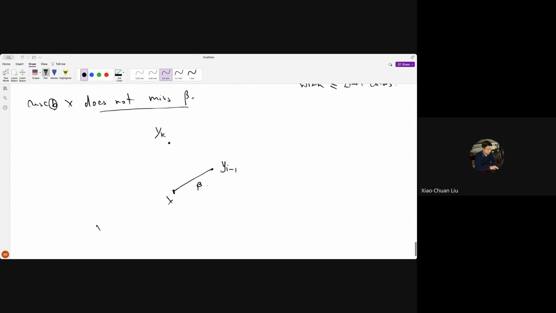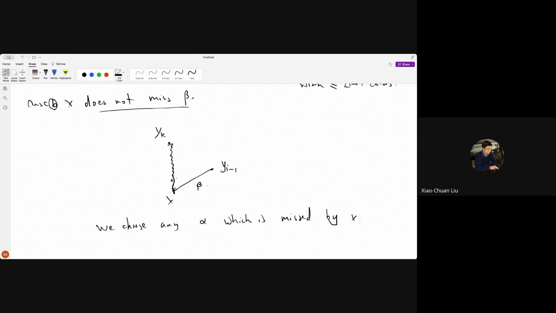Now we choose any alpha which is missed by x. Actually, at this point, you can assume that no color is missed by both vertices.